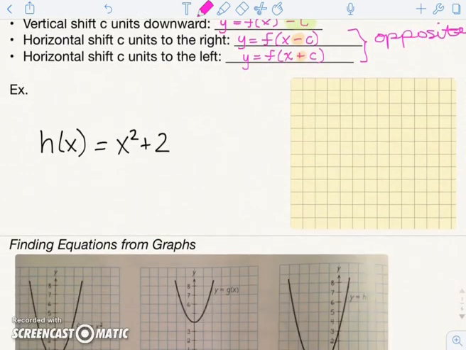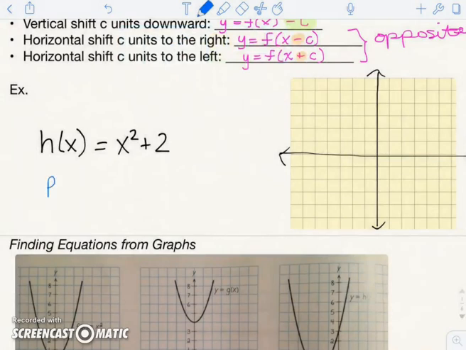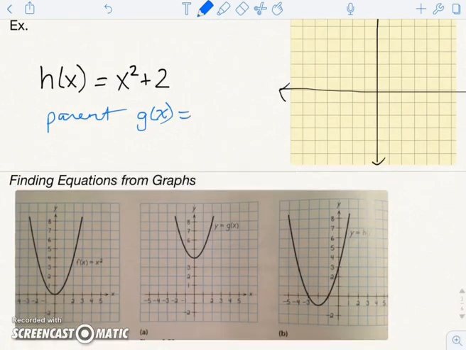So if you saw this, h of x, a function, is equal to x squared plus 2, I would say, well, the parent function here, without any transformations, would just be a plain old parabola. So my parent function, I'm going to label as g of x is equal to x squared.